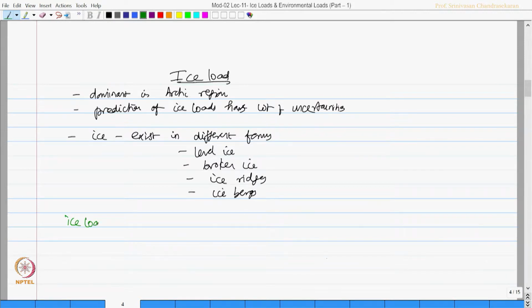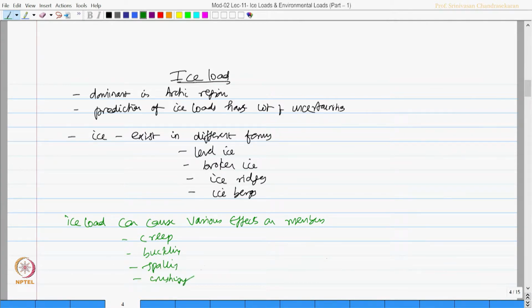Ice loads can cause various effects on members. It can cause creep, can cause buckling, it can cause spalling, and the failure can also be due to crushing.